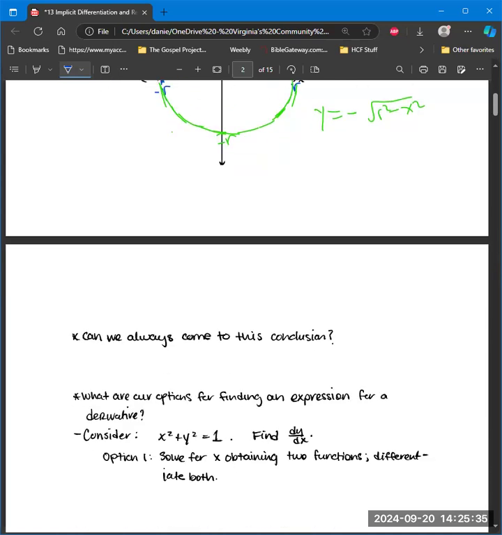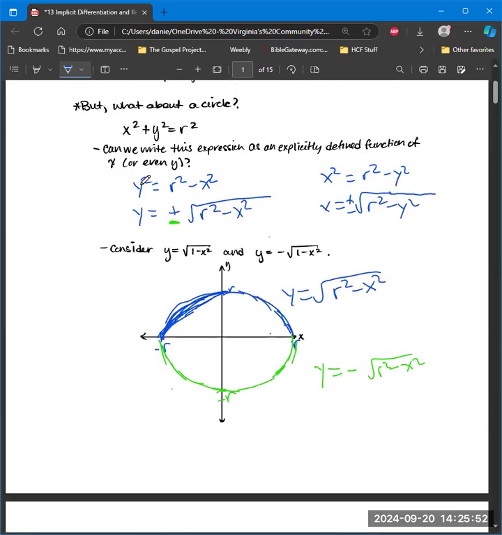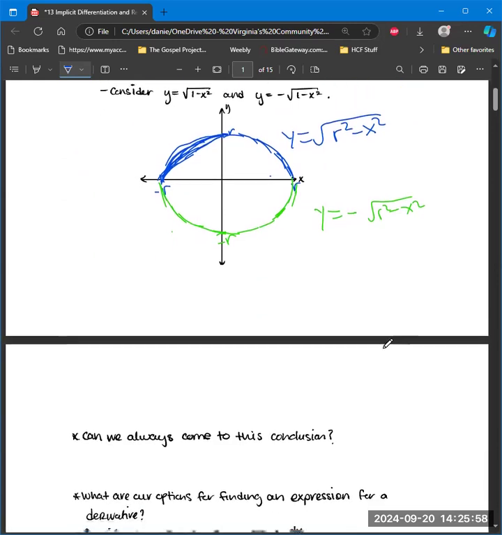So can we always come to the conclusion that we can write two explicit functions of x and look at each piece individually if we wanted to find slopes up here and slopes down here? Could we do that?